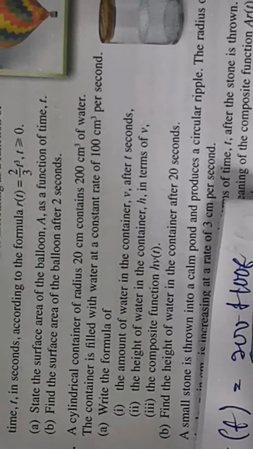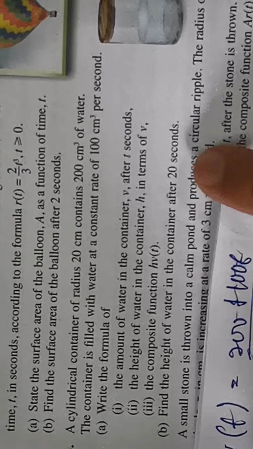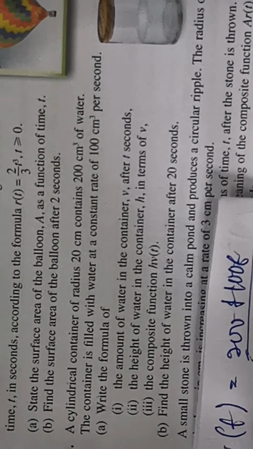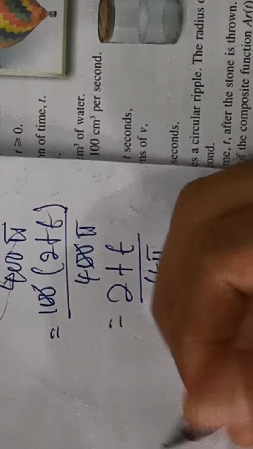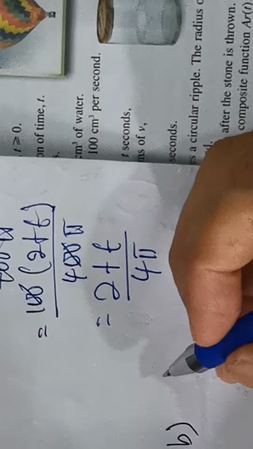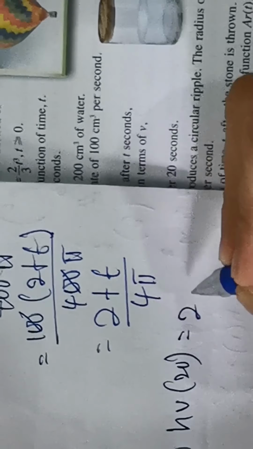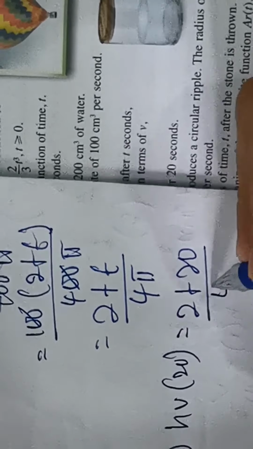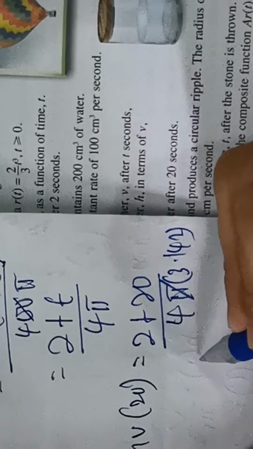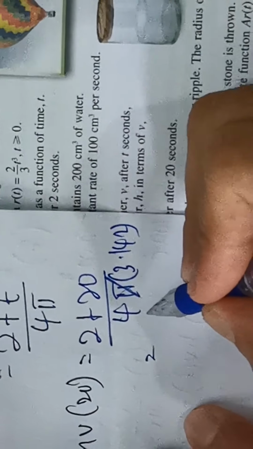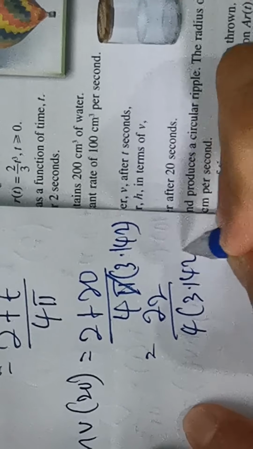And then find the height of the water in the container after 20 seconds. So the value of t will be 20. For B, we just replace t as 20. So H(V(20)) equals 2 plus 20 over 4 pi. Pi is 3.142, so it becomes 22 over 4 times 3.142.